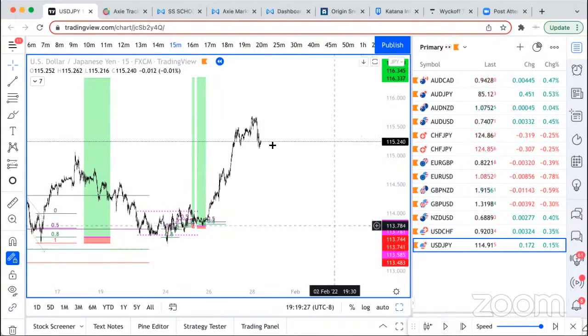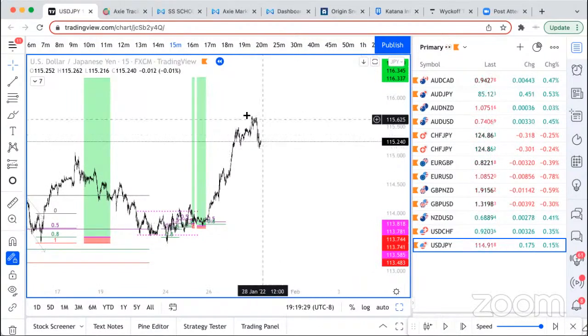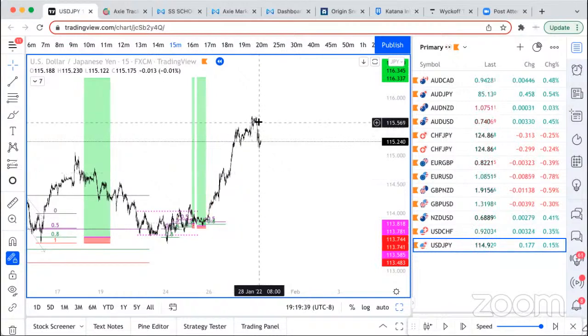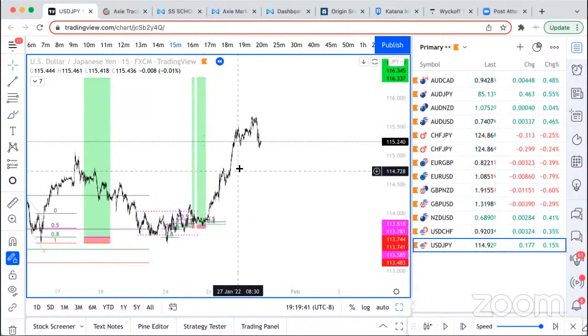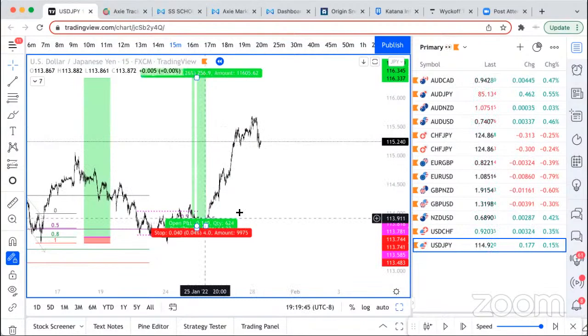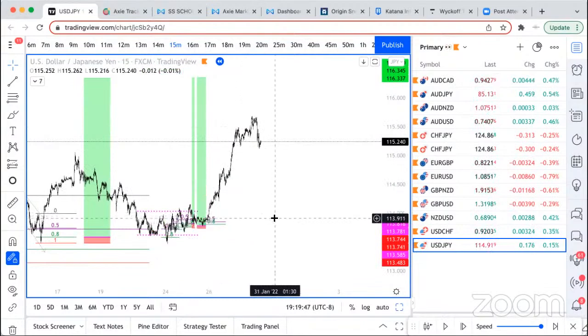Could we agree this is a distribution? Now, my question for you is, do you want to attempt to play the distribution? Do you want to get into some sells with us being in buys? Do you want to ignore the distribution and just get into our buys? How do you want to play it?